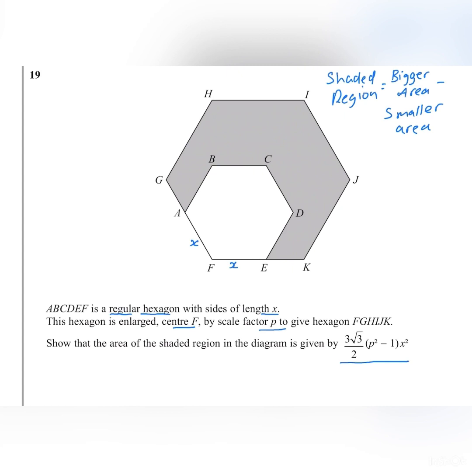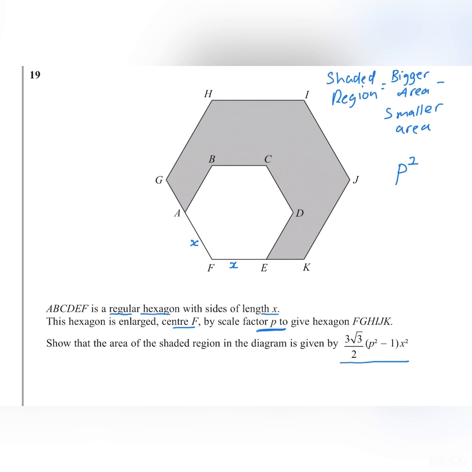Also, another thing to note here is a scale factor of P. When you're given a scale factor and similar shape rules, the area always increases by the scale factor squared, because they're giving us a linear scale factor here. So those are two things to note before we start this question.